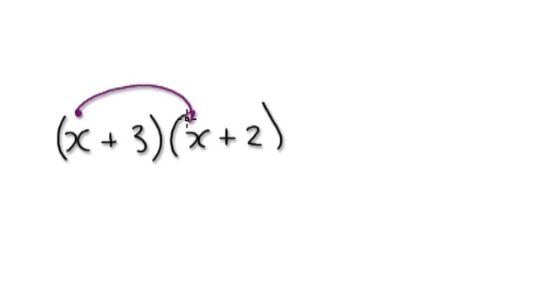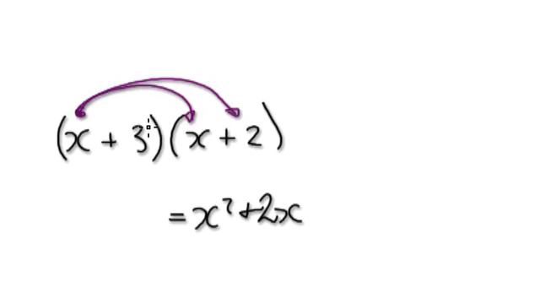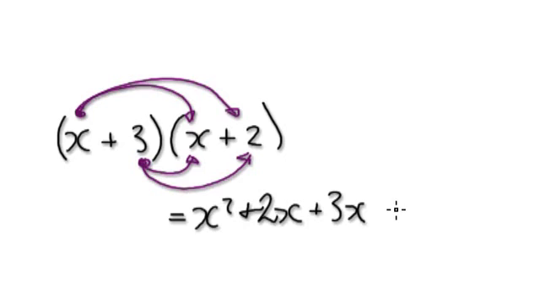Basically these two multiplying each other would be x times x, that would be x squared. And then this times this, x times 2 will be plus 2x, and then this times this will be plus 3x, and then 3 times 2 is 6, so plus 6.